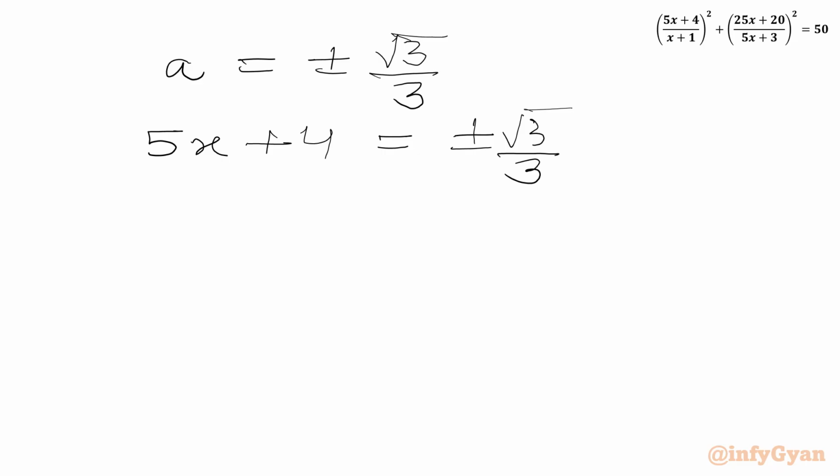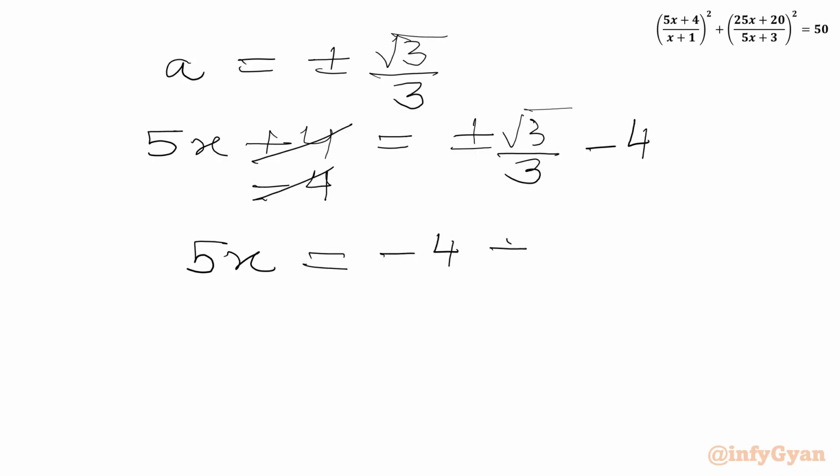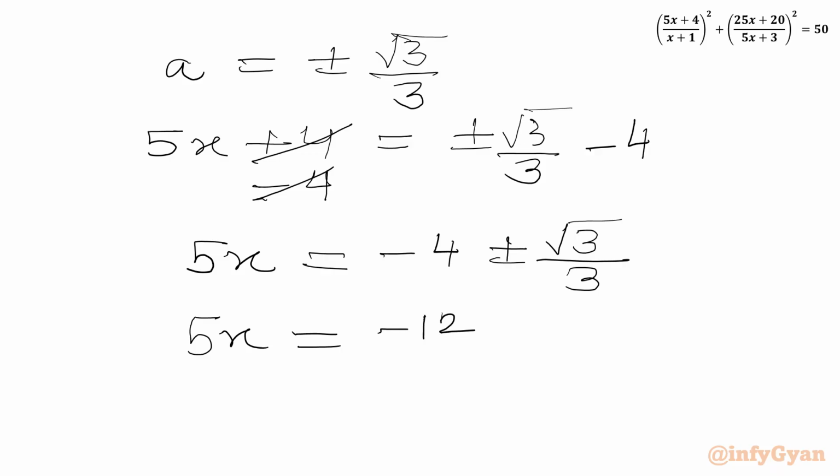Now we will subtract 4 from both the sides. So minus 4 and minus 4. So here we will cancel plus and minus 4. We will get 5x equal to minus 4 plus minus the square root 3 over 3, or we can write 5x equal to minus 12 over 3 plus minus the square root 3 over 3.